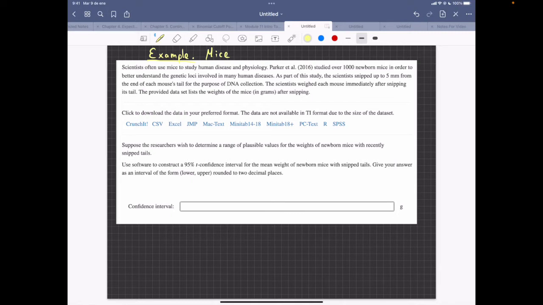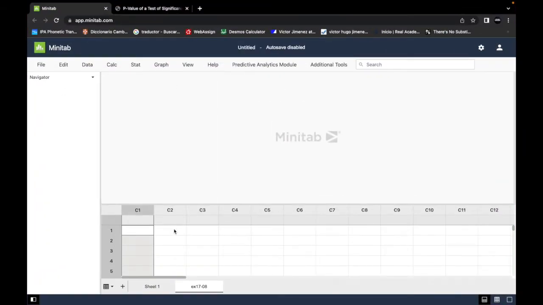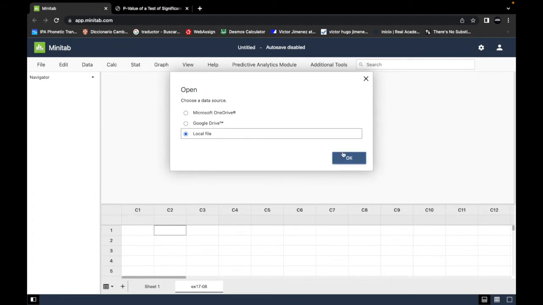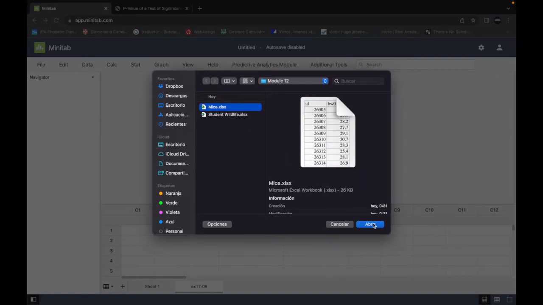All right, how to do this? Well, we have to go to Minitab. Here we are. You have to download the file for this exercise. Then open worksheet, local file, and there you have mice.